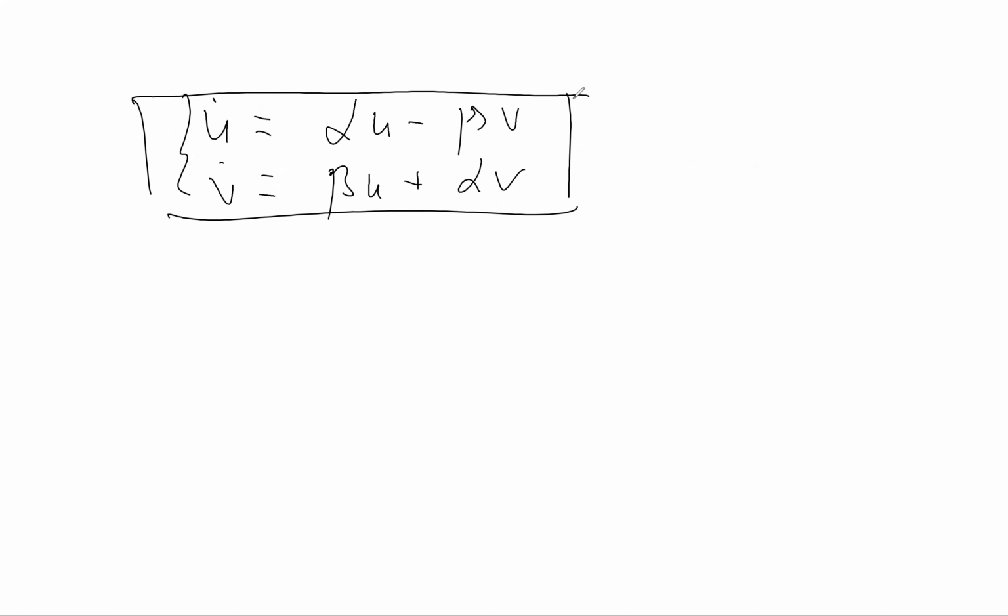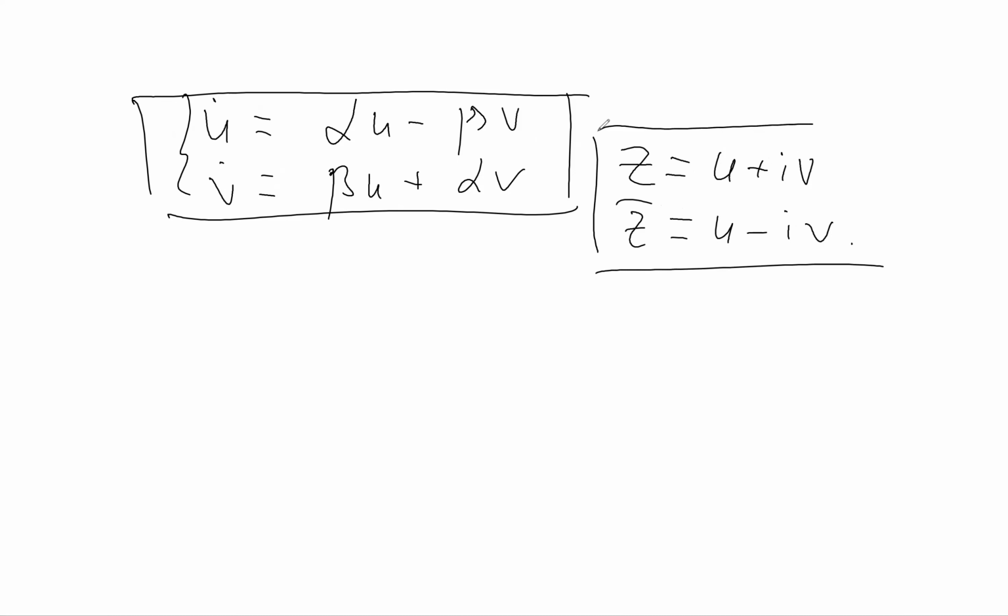Now, this is also a common technique, we introduce the variable z. This variable z is complex, and we put it like this: z equals u plus iv. Then the complex conjugate of z will be u minus iv. So it's another change of variables.